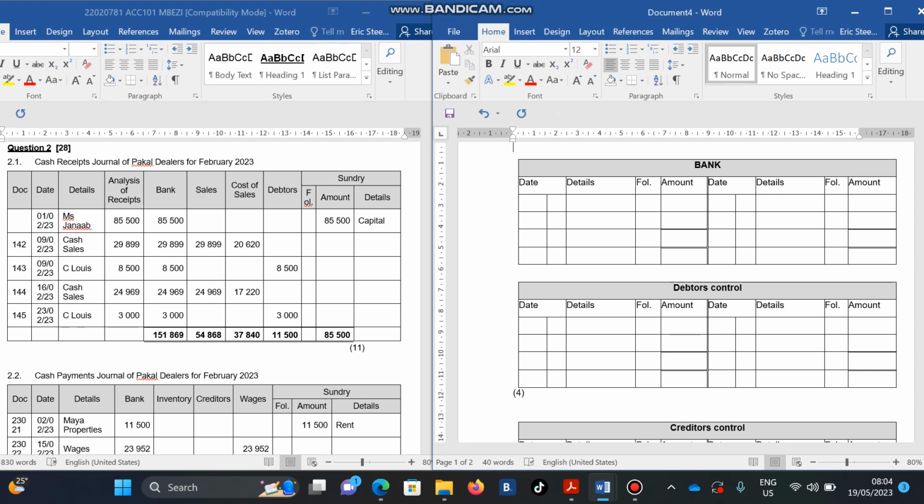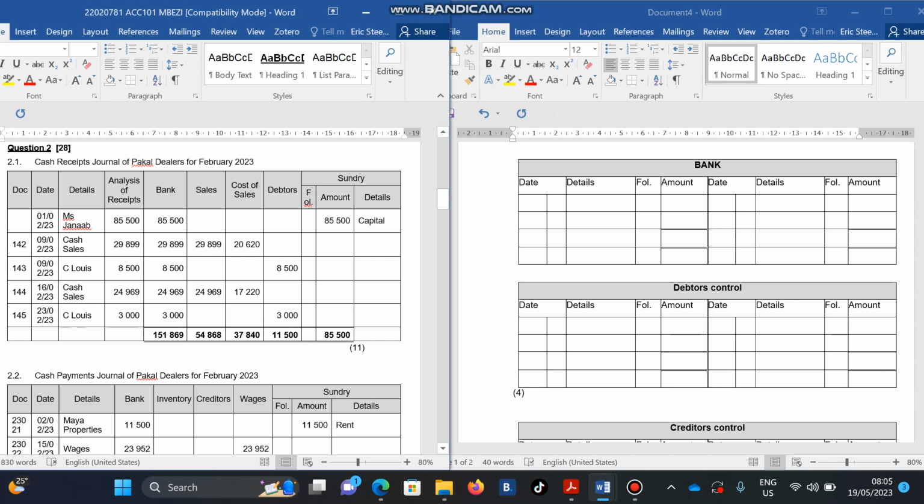So when we do our posting, for example, we only take the totals. In this instance, your bank will be debited. Everything else should be credited because of the principle of double entry. Was bank increased, everything else here should have increased also, which means it will be on the opposite side, which is the credit side.